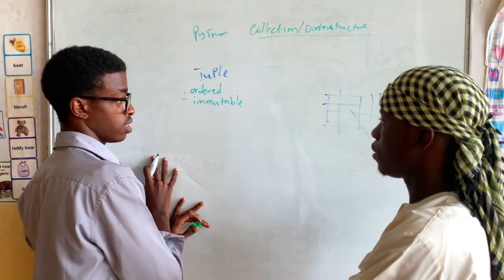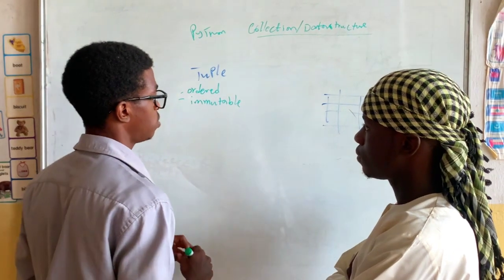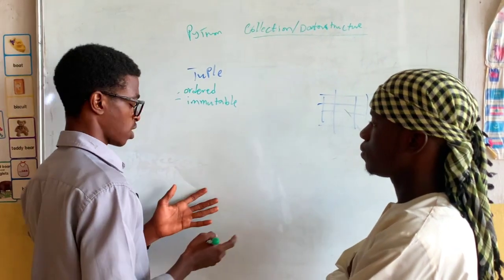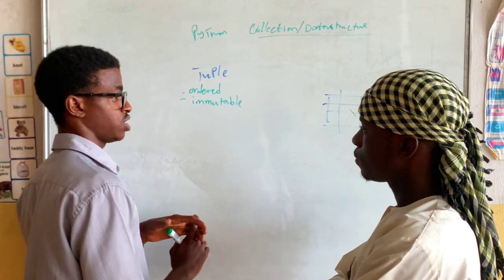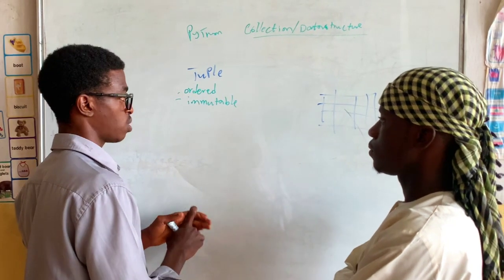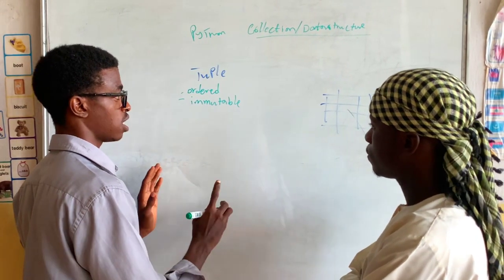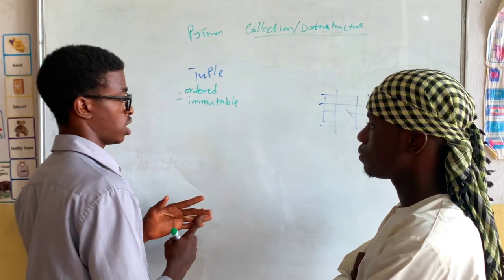A list is mutable, yes, but a tuple is immutable. When something is immutable, it means when you put it in memory, you cannot update, you cannot remove, you cannot change, and you cannot add another one. From the moment you write it down, you cannot add, change, or remove. Do you understand?